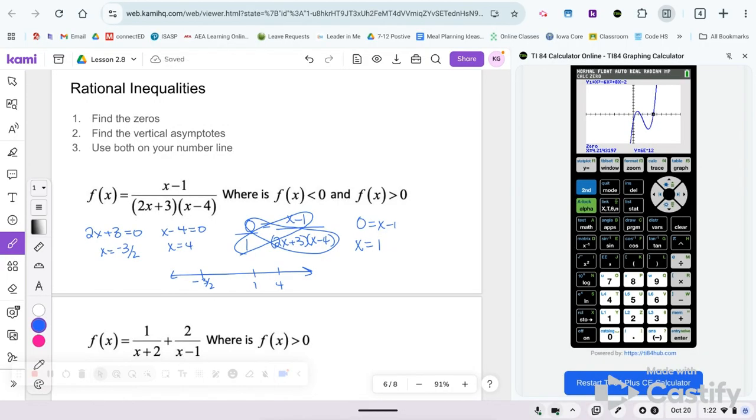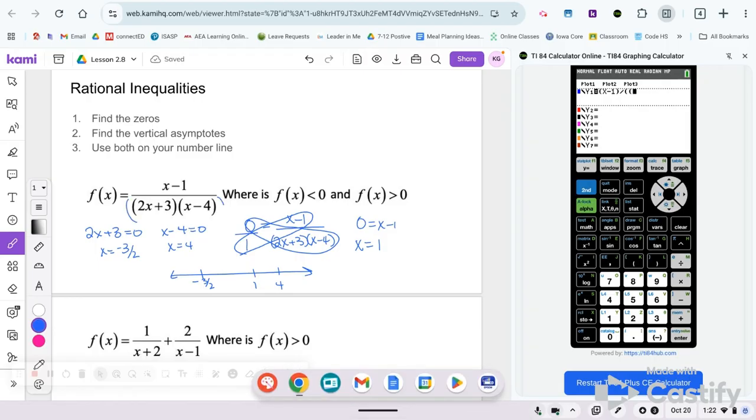This is a rational function here, so it's going to look a little bit different on our graph. So we have x minus 1. Because there's more than one thing in the numerator, it needs its own set of parentheses. And then I need an extra set of parentheses around the denominator because there's 2 of them.